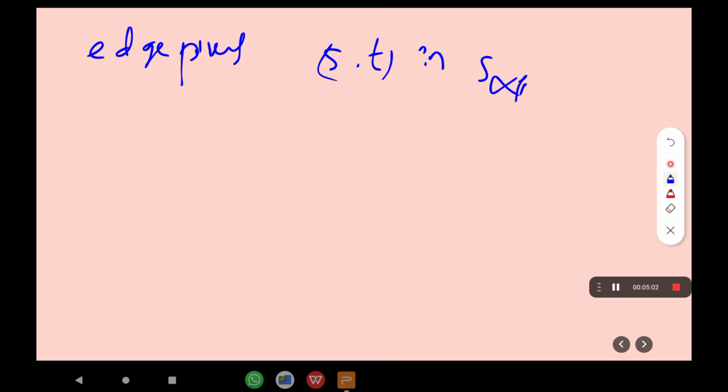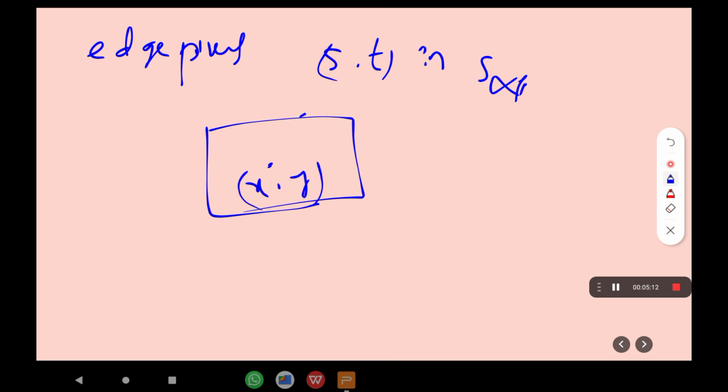Suppose you are taking some small neighborhood, this is the centroid, which is nothing but the x comma y location, and this point is an edge point whose location value is s comma t, let it be considered here.